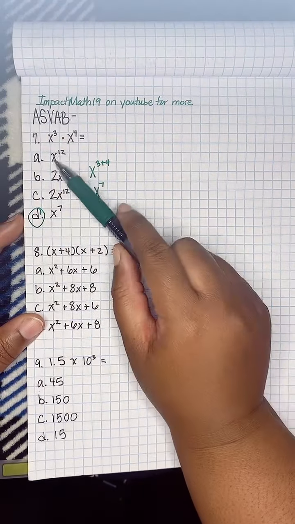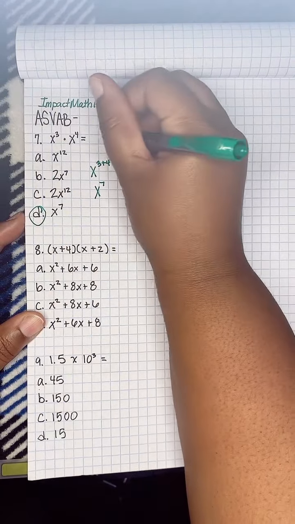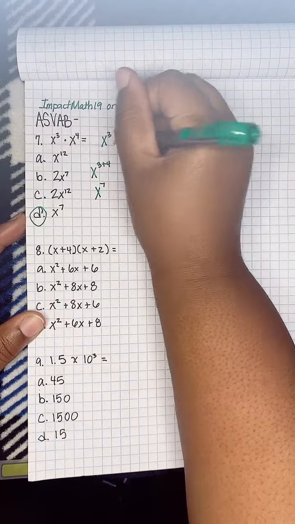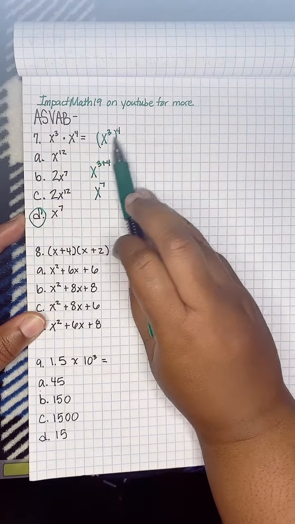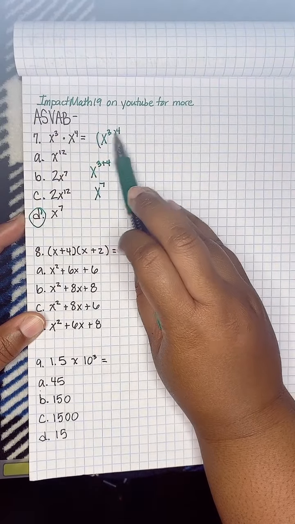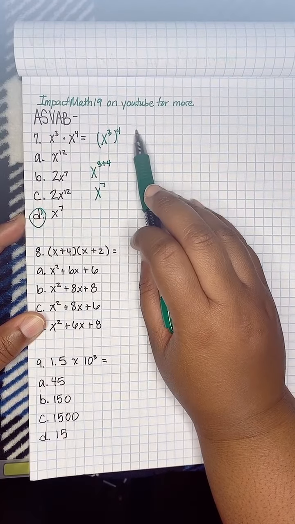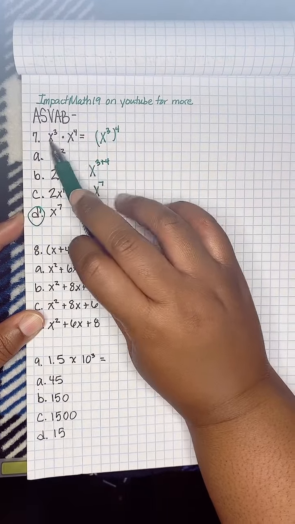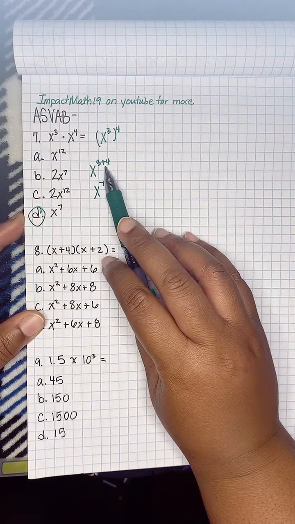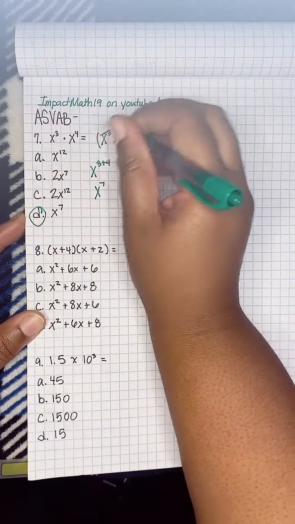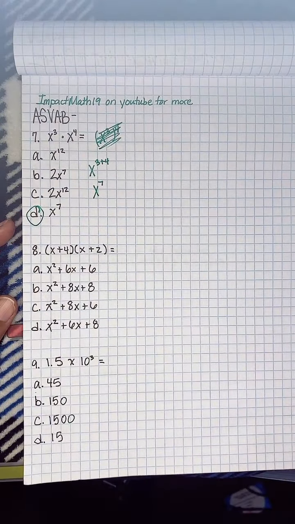If you had gotten A, it would have had to be written as x to the 3rd to the 4th. When a power is on a power, that means multiply, which is very different from this. When they're spaced out like this, it means add. I did want to clear that up.